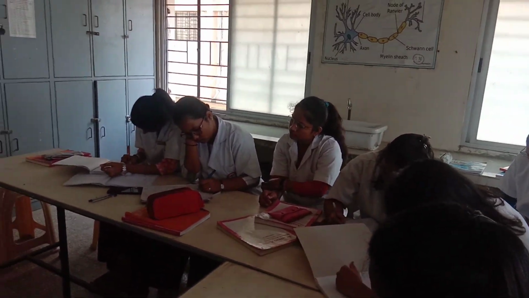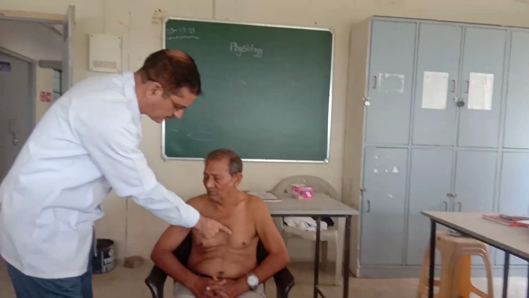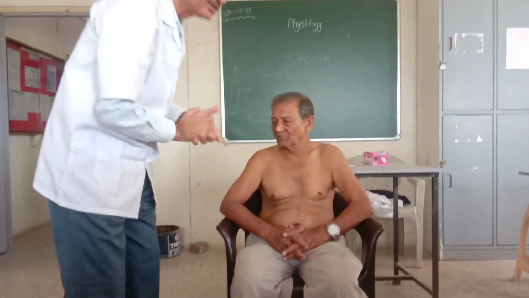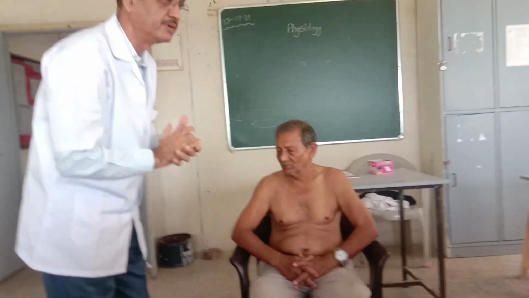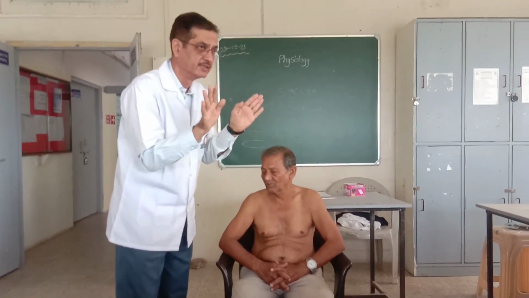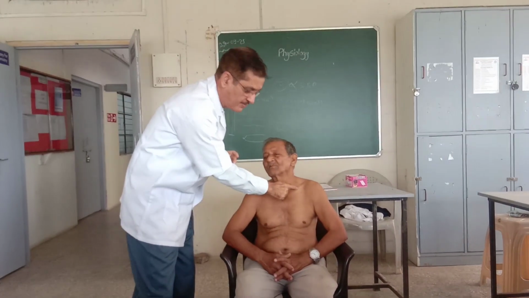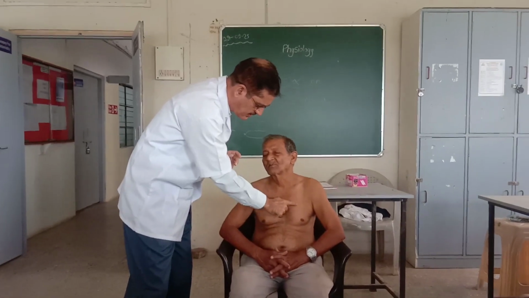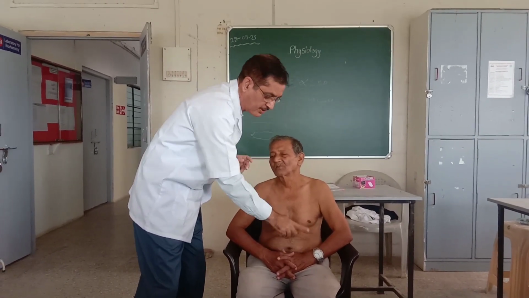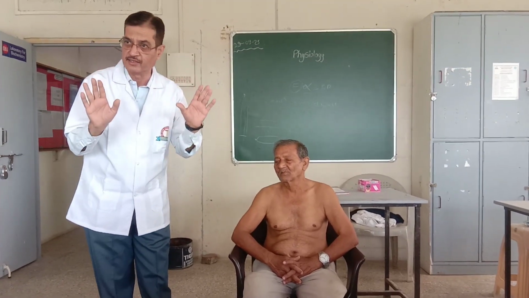So what is the interpretation? How to find out this area? Approximately, you concentrate here, try to look at left fifth intercostal space, 1.2 centimeter inside mid clavicular line. Mid clavicular line is an approximate line which is drawn from the middle point of clavicle and runs down to join the midpoint of inguinal ligament. It is an imaginary line.